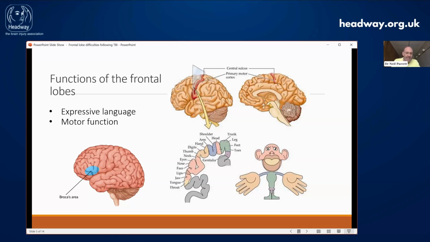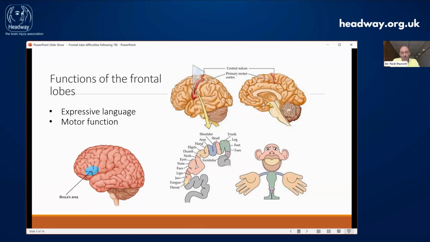Moving further forward, there's a small area called Broca's area. This is related to speech production. It's in a double dissociation with another area further back in the brain called Wernicke's area, which is speech recognition. And they work independently.